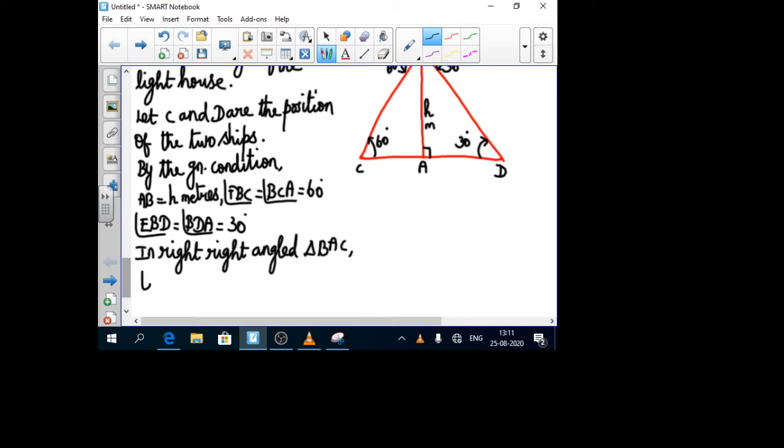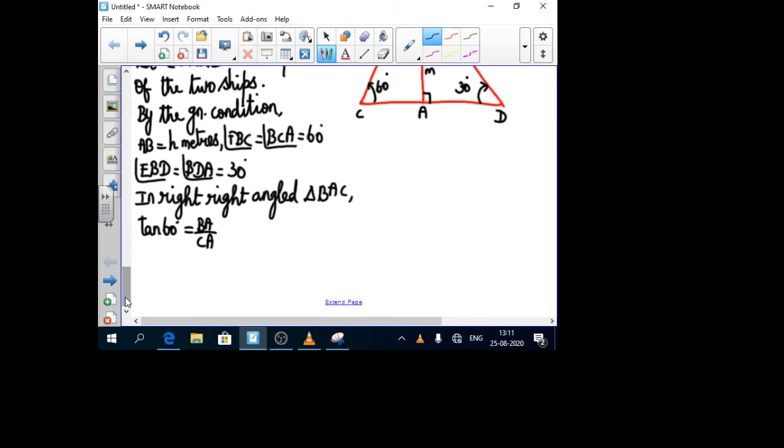Tan 60 I want to choose. So tan 60 degree is equal to the opposite side BA divided by the adjacent side CA.